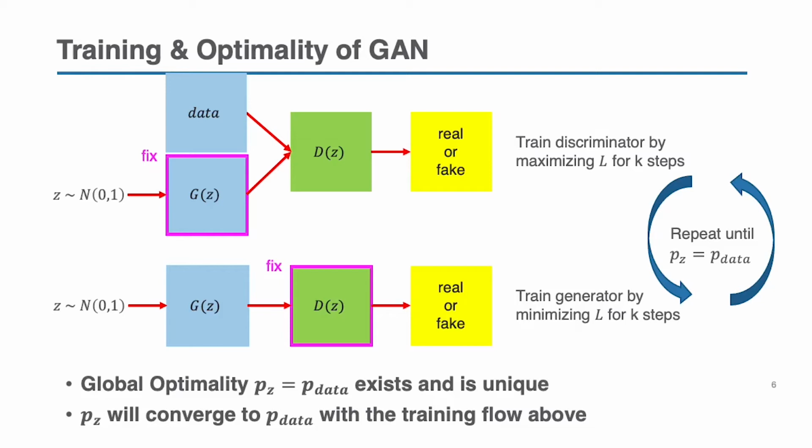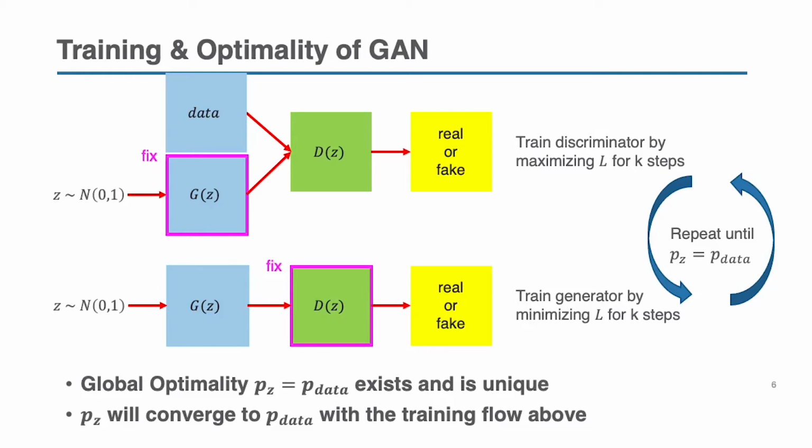After we've improved the discriminator good enough, we would now switch the target to train the generator. So during the second stage, we would fix the parameters of the discriminator and then minimize the loss function by updating the parameters of the generator so that it's going to be able to fool the discriminator.